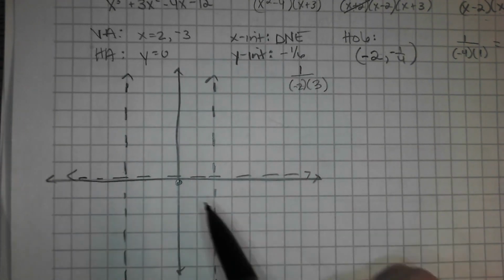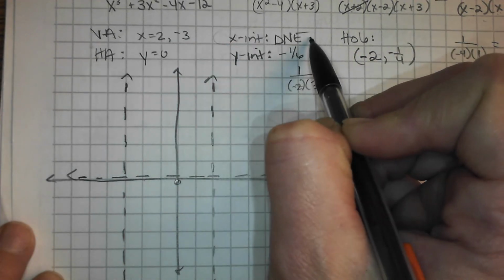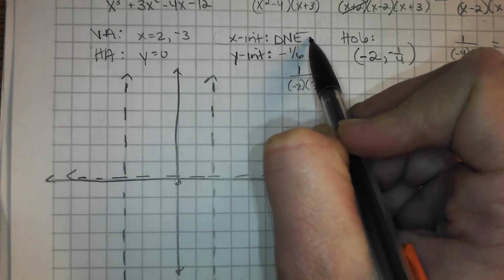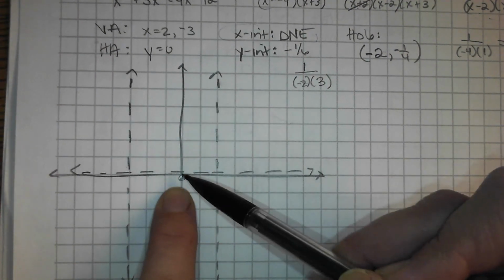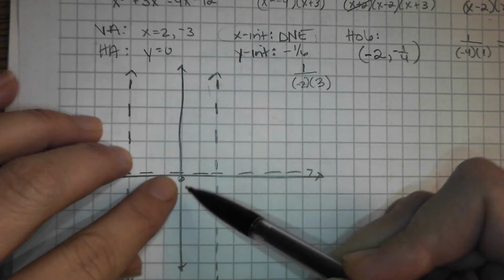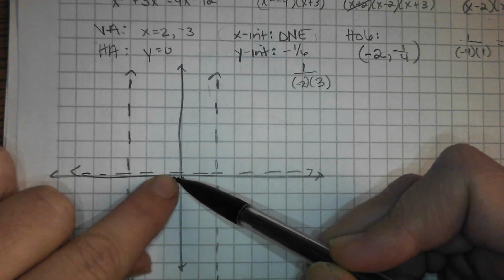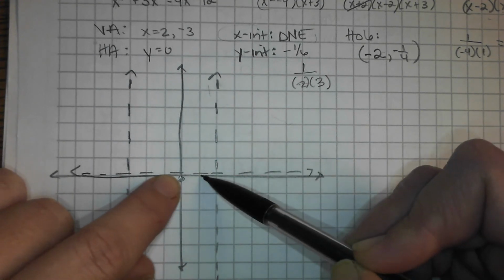But pair this y-intercept with the fact that we have no x-intercepts, which means we cannot cross the x-axis. So there's no way this can go towards positive infinity as it approaches either of the asymptotes. When you go towards vertical asymptotes, you have to go positive infinity or negative infinity. We just can't go positive here because we're not allowed to cross the x-axis, right?